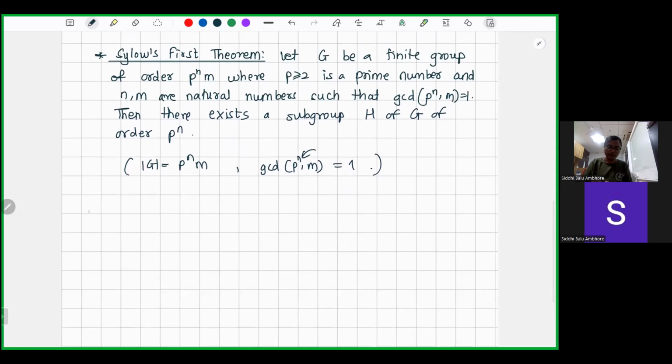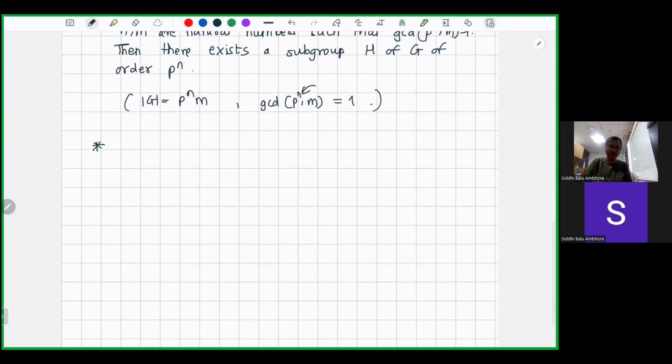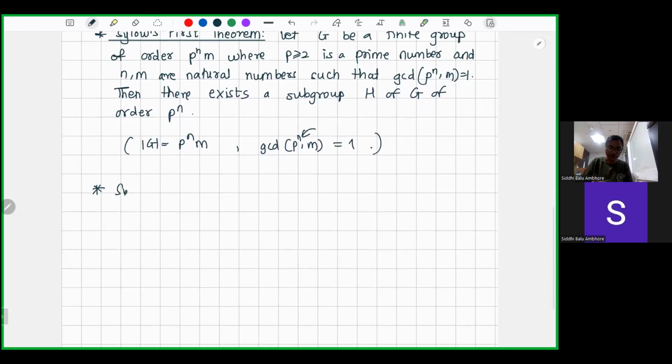Then the second theorem, Sylow's second theorem.